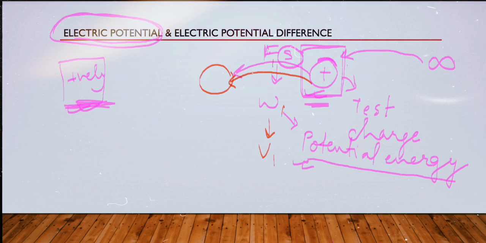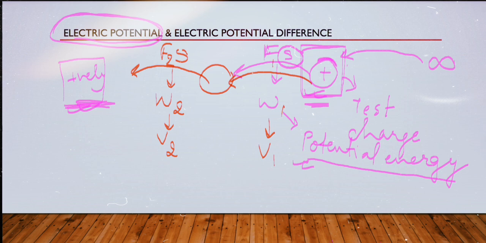Afterwards, let us apply some more force, let us consider F2, and after that S amount of displacement happened. We get the work done W2, and this work done is stored in the form of potential energy, let us consider V2.